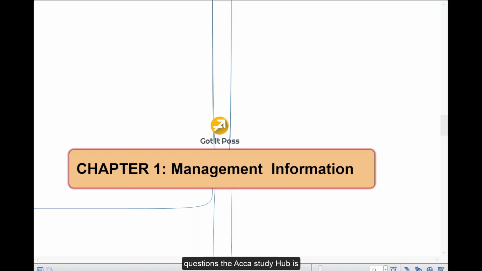The ACCA Study Hub is excellent, but it does have a lot of padding information. So what we've done within these mind maps is try to shave it down a little bit to save you some time by focusing on the examinable topics.